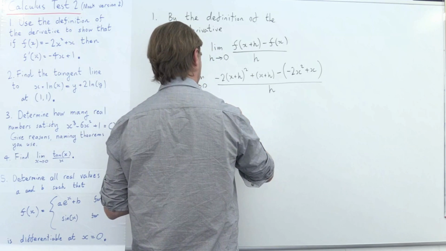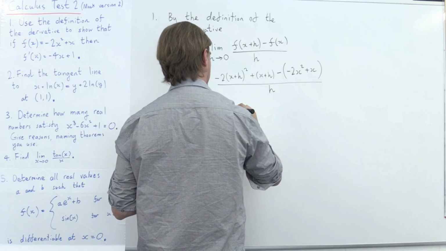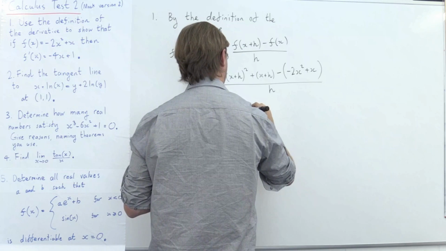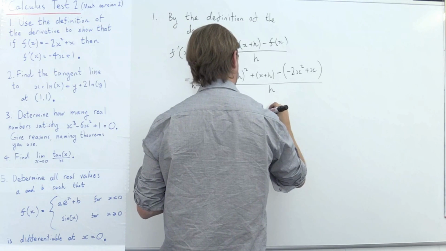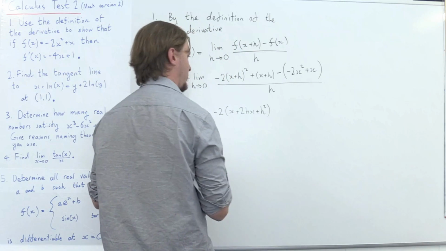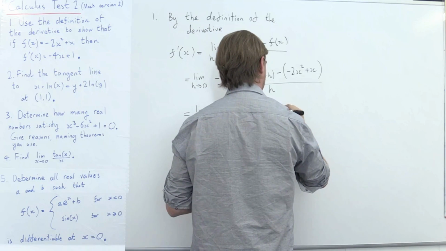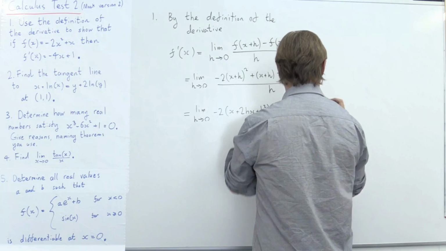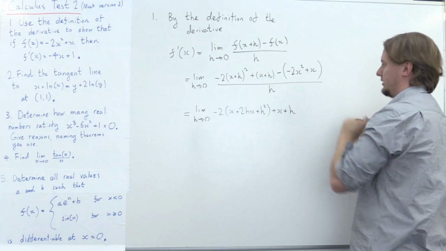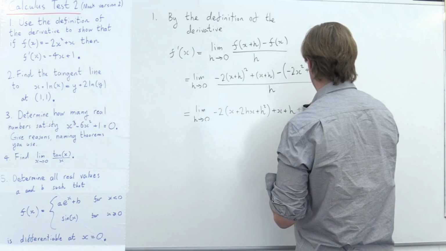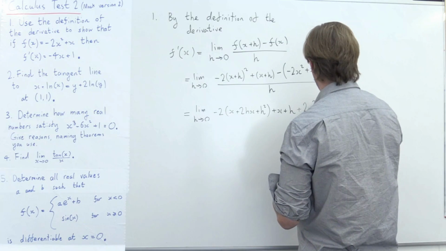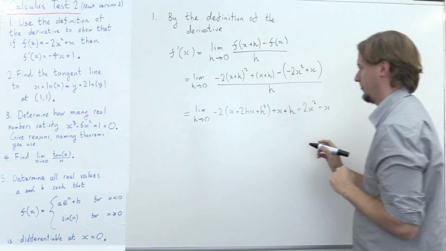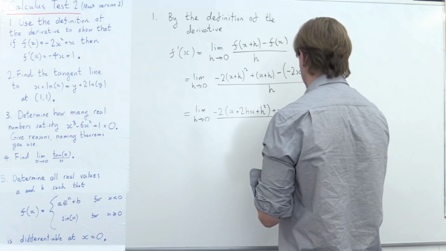The binomial theorem tells me it's minus twice (x squared plus 2hx plus h squared), plus x plus h, and then plus 2x squared minus x, all of that divided by h.